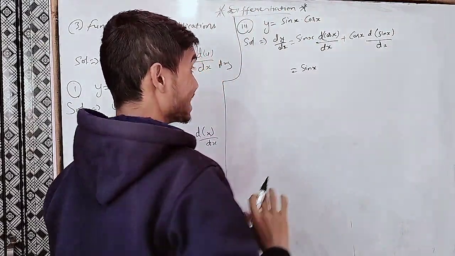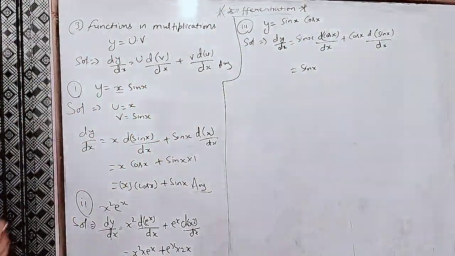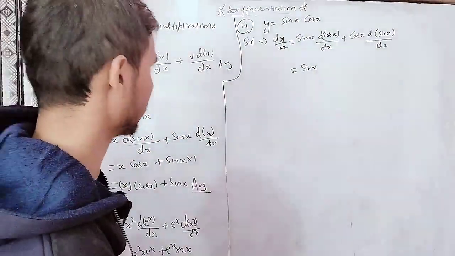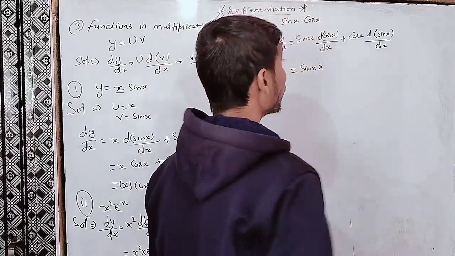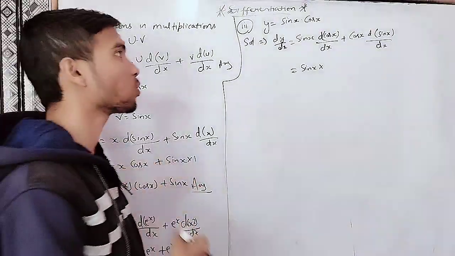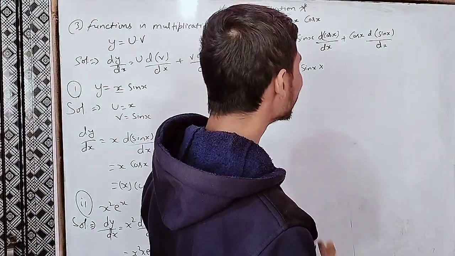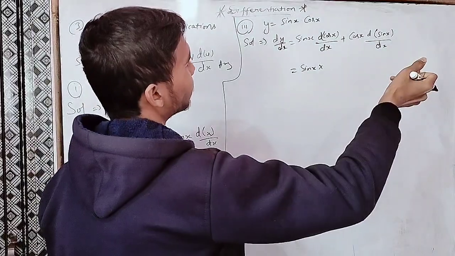Sin x is not in the form of a differentiation, that's why we are writing it as it is. We are not changing it. Then we have cos x, which is in the form of a differentiation, that's why we are going to change it with the help of differentiation.